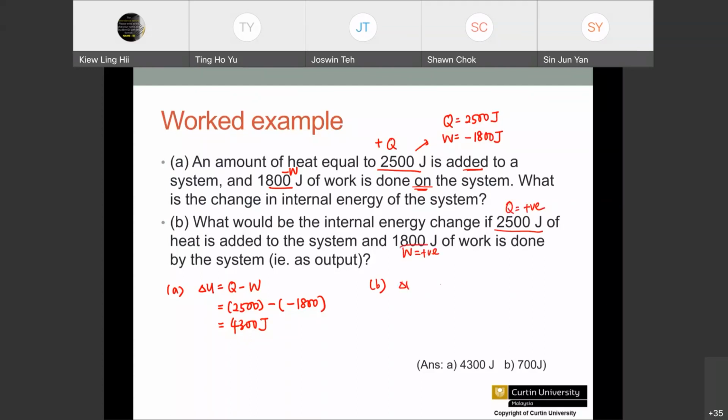Applying the same equation, Q is positive, so 2005 minus work done positive 1008, and we get 997 joule. So different sign convention, huh? Your answer will be different, even though the value is the same, so look at the sign convention. Then you just plug in the values.